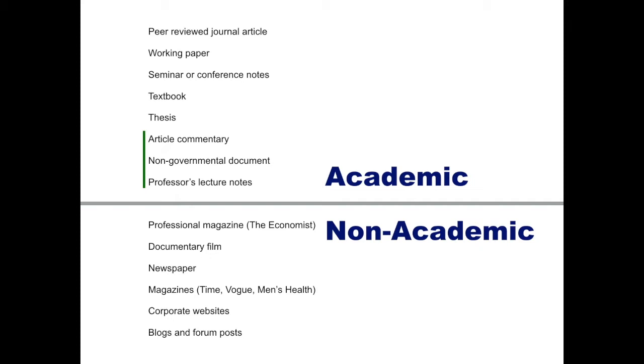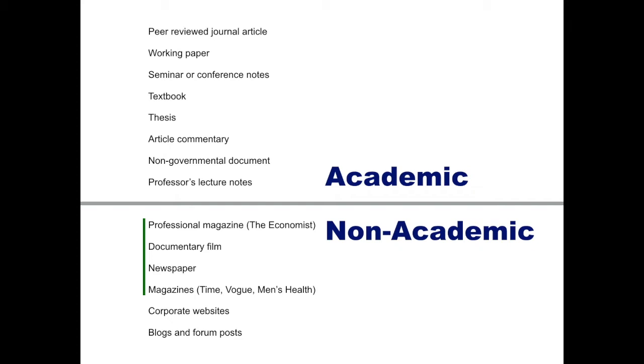So again, these are the types of papers that are written by academics, but they do not go through the peer review process. Everything in the academic section is reasonably good. However, you always would like to strive for the top, the peer-reviewed journal article.